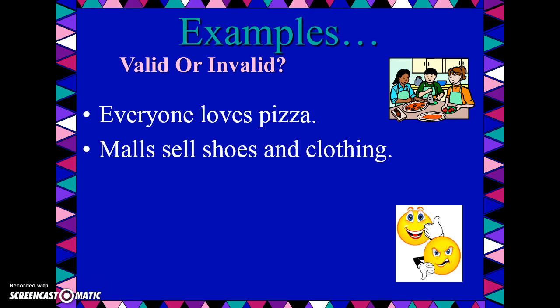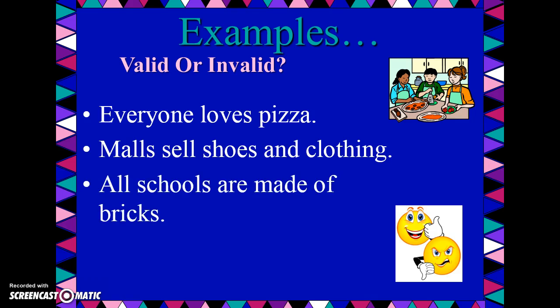Think about these generalizations. Third one. All schools are made of bricks. That one should be pretty easy for cyber school kids, right? Okay, the very last one here is all birds have wings. Is that a valid generalization or an invalid generalization?